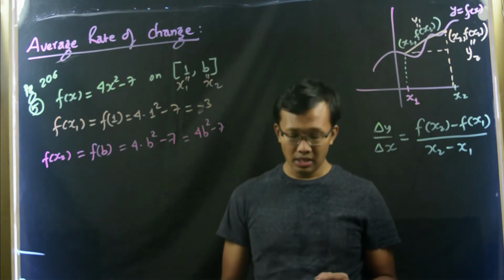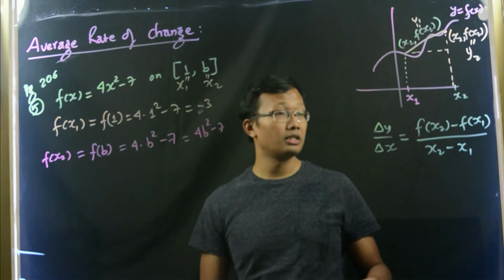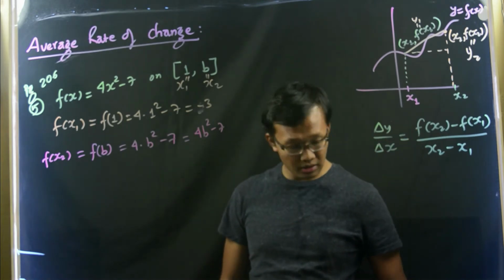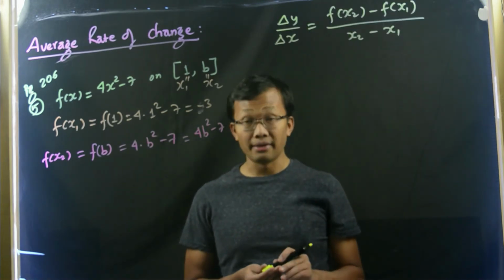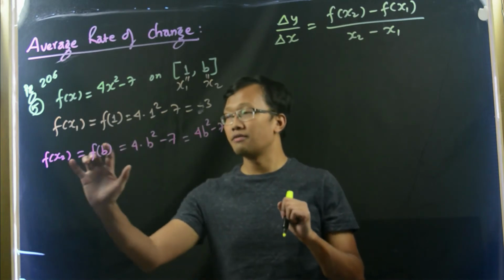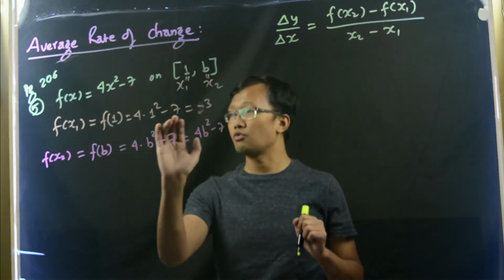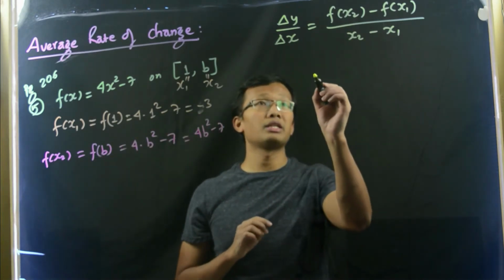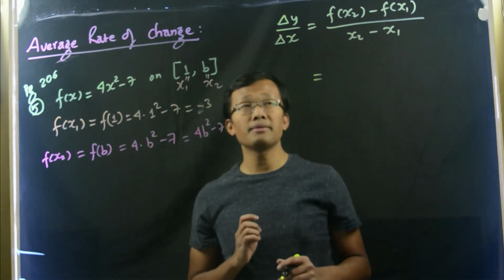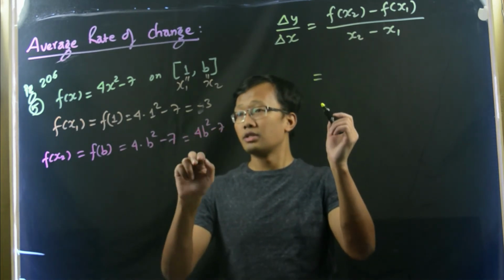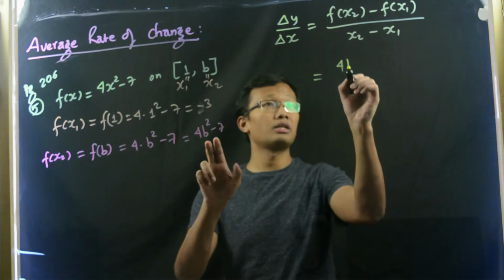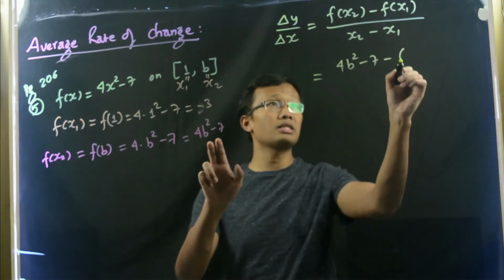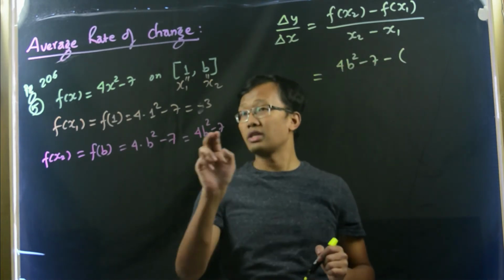Okay, now let's calculate the average rate of change. This is the formula for the average rate of change. Now let us plug in f of x2 and f of x1 into the numerator, and x2 and x1 into the denominator. f of x2 is 4b squared minus 7, minus f of x1, which is negative 3.